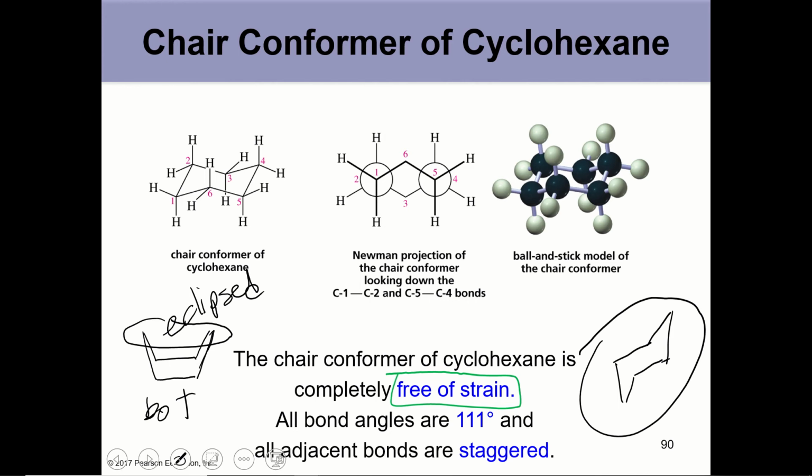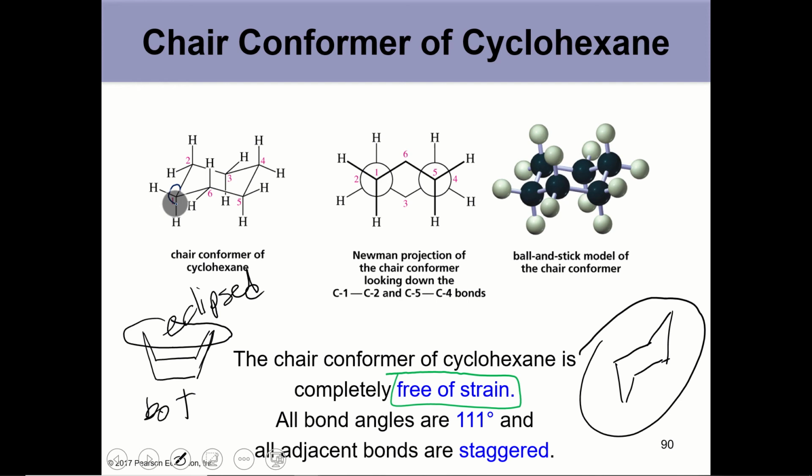This means that carbons that are directly adjacent to one another are staggered, and there is no eclipse strain from directly adjacent carbons. There is, however, eclipse strain between carbons that are 1,3.